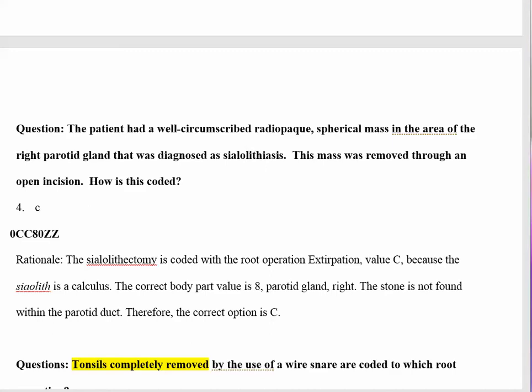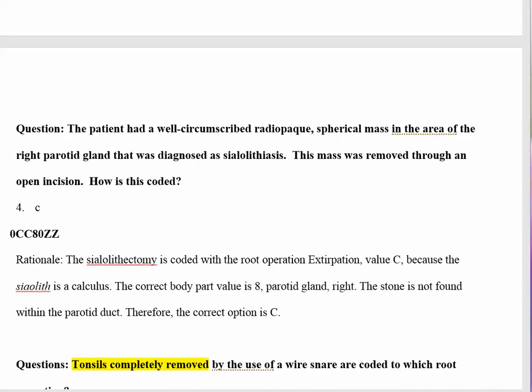I'm sorry, I misspoke. We already established the root operation is extirpation, so we would index the root operation of extirpation and the anatomical location, which is parotid gland, and we need the side of the body, which is right, and that relates to the value of 8.